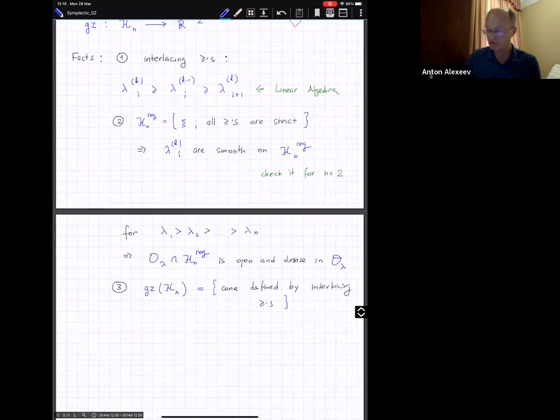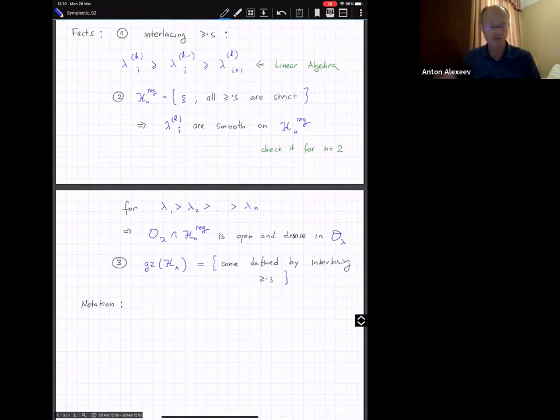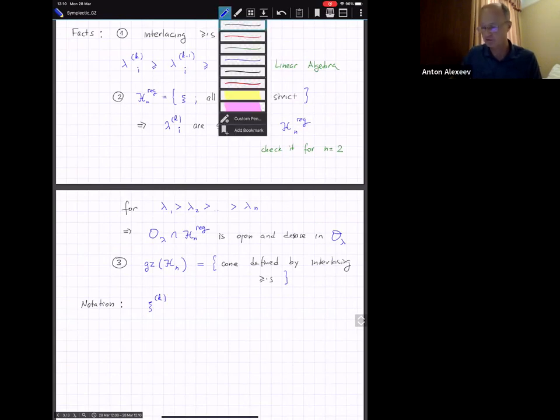Maybe now a little bit of notation. So we have those corners of our Hermitian matrix.